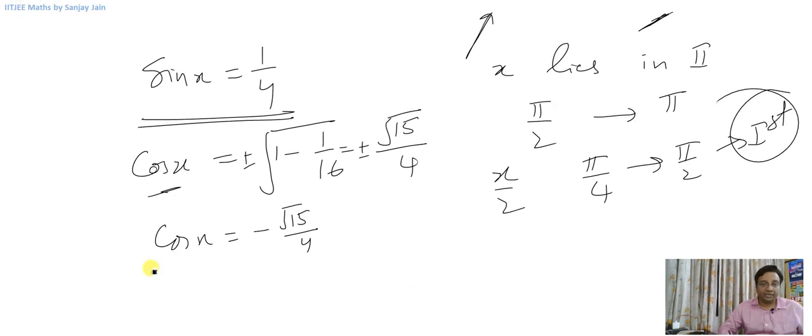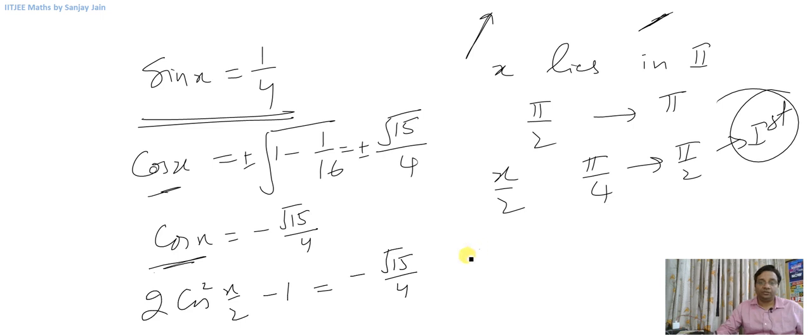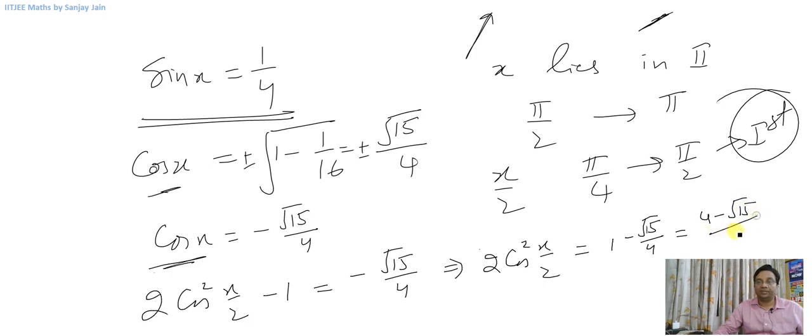Now I'll write this cos x as 2 cos square x by 2 minus 1, and it is equal to minus root 15 upon 4. So what will be 2 cos squared x by 2? It will be equal to 1 minus root 15 upon 4, which is 4 minus root 15 upon 4.